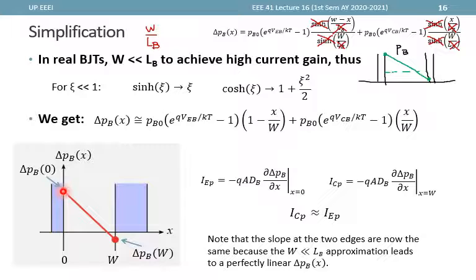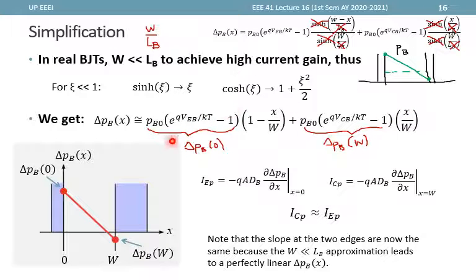Now note that we start with some value delta PB at 0 and end up with some value delta PB at W. And note that this term here is exactly delta PB at 0, and this term here is delta PB at W. So if we evaluate this function at x equal to 0, this simplifies to 1, and this is 0.